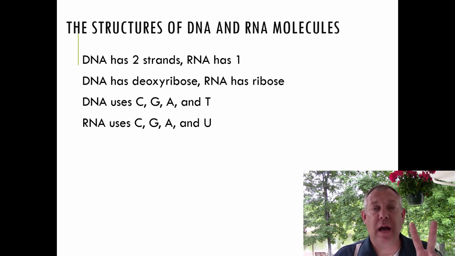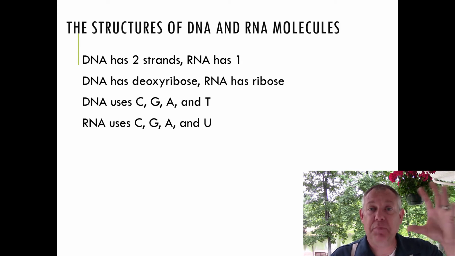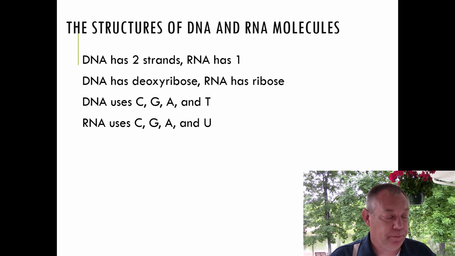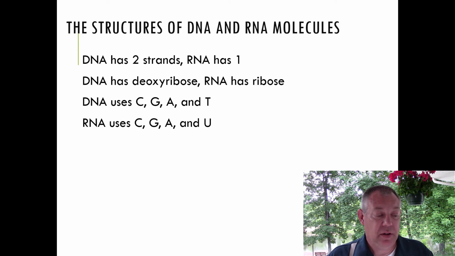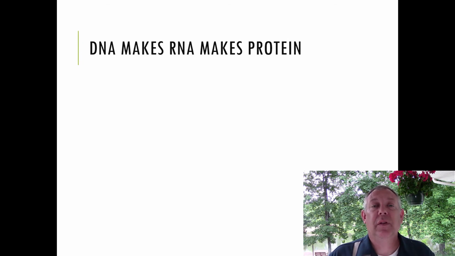Those are the 4 types of nucleotides that are used to build DNA, and the nitrogenous bases are what give them their name. RNA uses C, G, A, and U. And so that's just a difference between the 2 types of molecules, right? Uracil is used in RNA, thymine is used in DNA. So again, the DNA makes the RNA, which makes the protein.